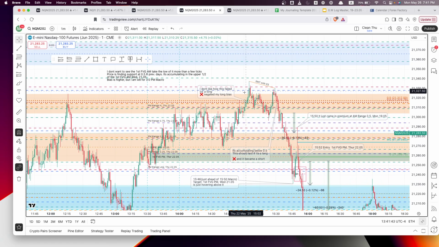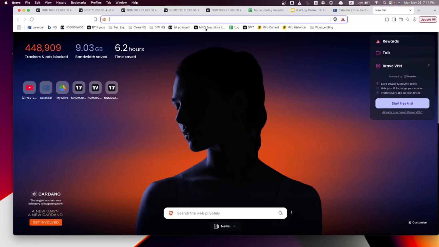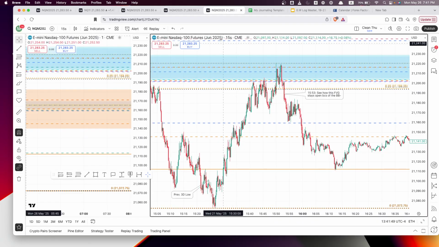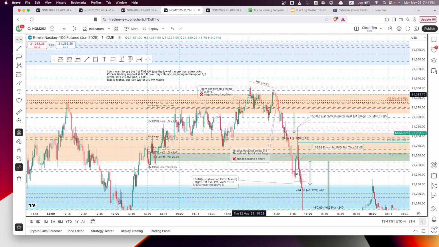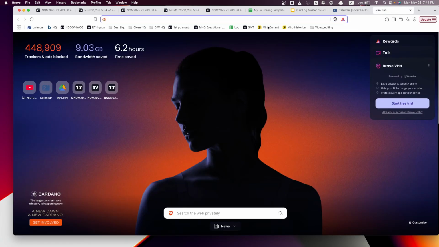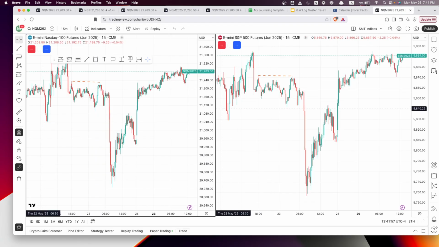And here we had some SMT divergence. So if we look, what was the time? 15:05 to 15:29 on Thursday.